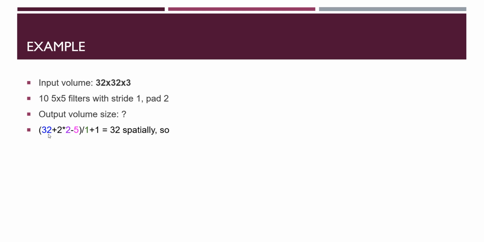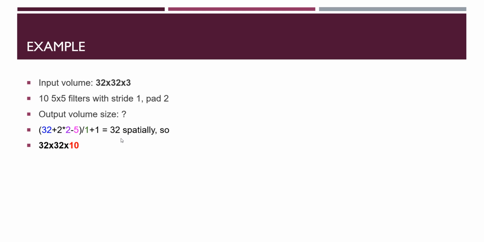So it will be the original input dimension, that is 32, plus twice the padding length, minus the filter dimension, that is 5, divided by the stride, that is 1, and you add 1 to it. So basically it will be 32, so 32 by 32 spatially. And what about the third dimension? The third dimension will be equal to the number of filters which I use, that is 10. So the resultant volume will be 32 by 32 by 10.